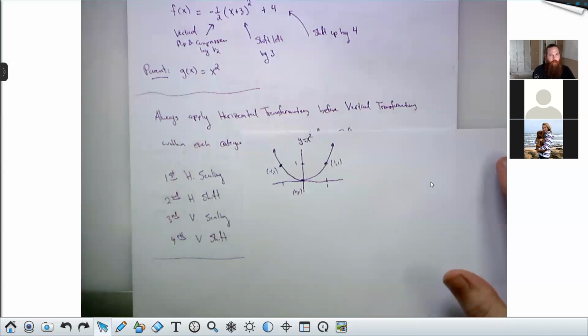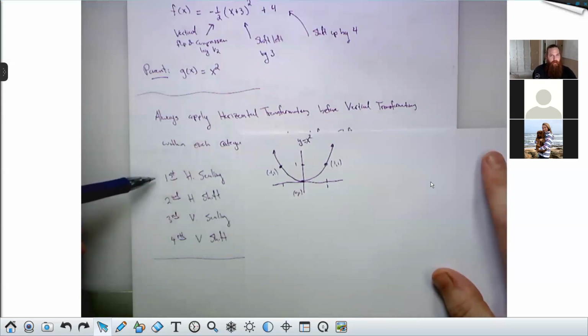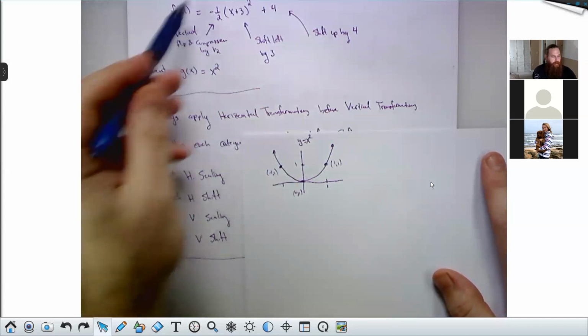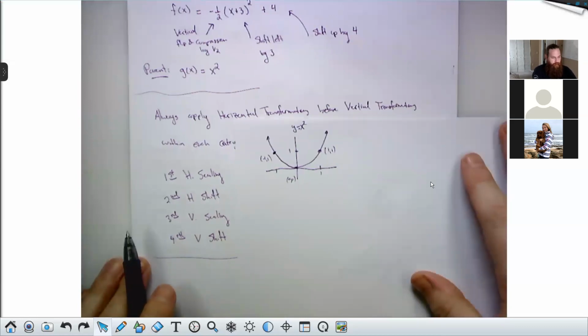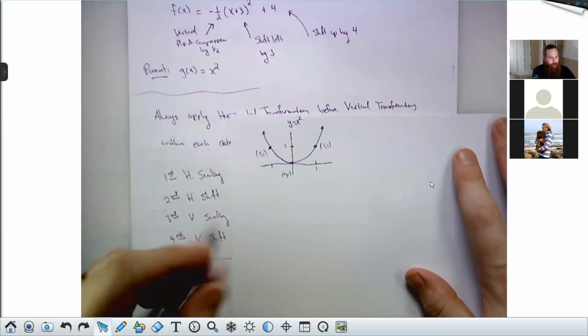And then my very first transformation, since I don't have any horizontal scalings, but I do have a horizontal shift, first thing I should do to this to get this is the horizontal shift. So I'll go ahead and shift everything left by 3 units.